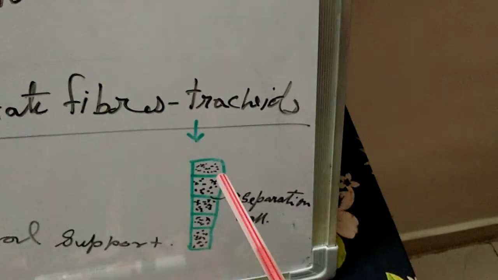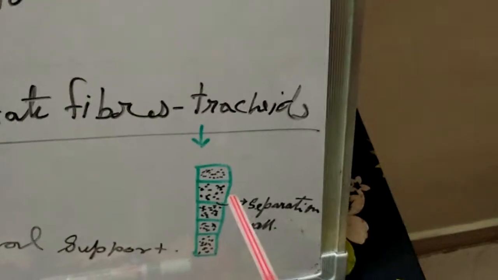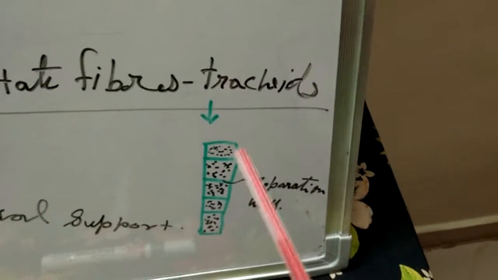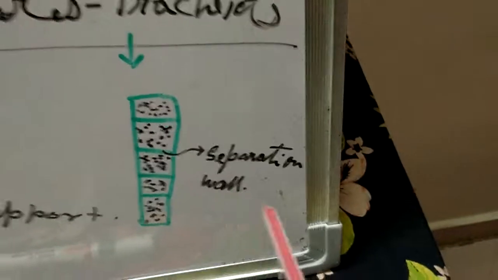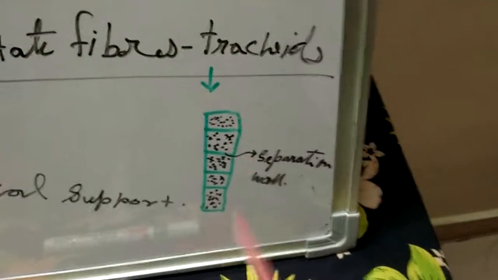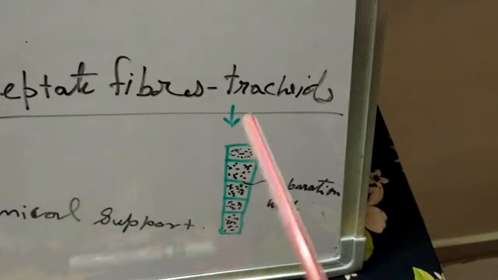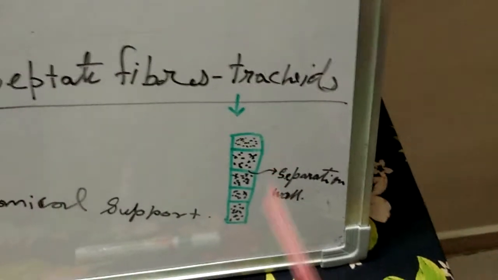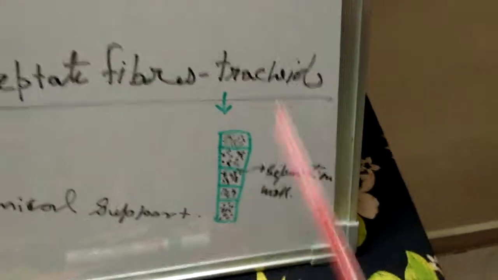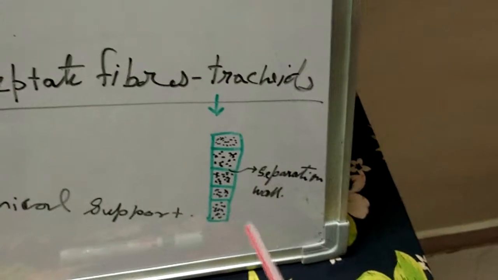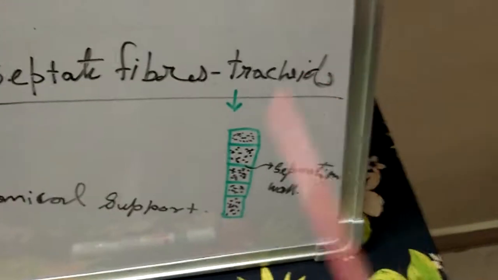As you can see, I have drawn these walls with green pen, and these are separating the protoplasts. These are separation walls or partition walls or septations. Septation is a very important word, and therefore this type of fiber tracheid is a septate type of fiber tracheid, because there are transverse walls separating protoplasts, and if protoplast is present, then septation is very commonly found. So this is very important.